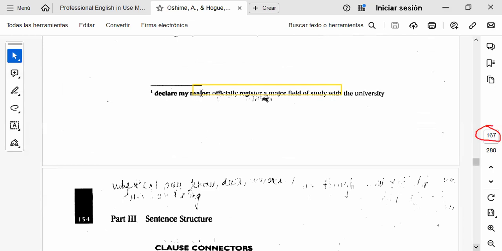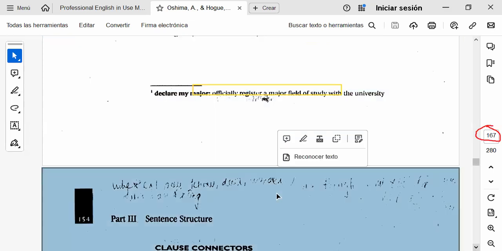Okay, so here we have some footnotes. What does officially register a major field of study mean? It is the university. That's just to understand the expression.